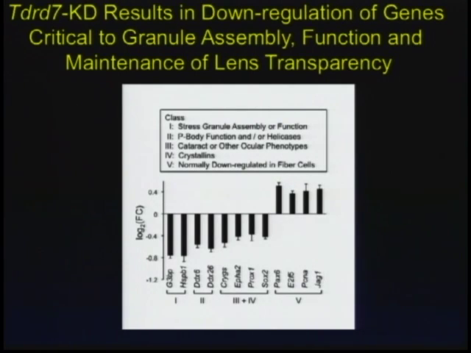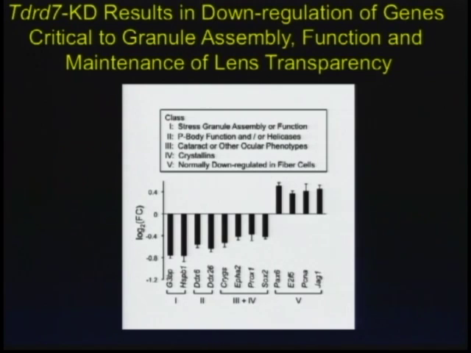Genes very important for P-bodies like DDX6 were downregulated, as were some fiber cell specific DEAD box helicases. Genes important for proper lens differentiation like gamma crystallin, EPHA2, PROX1, and SOX2 were all downregulated. Interestingly, PAX6, E2F, PCNA, and JAG1, which are genes expressed in the anterior epithelium, were upregulated.